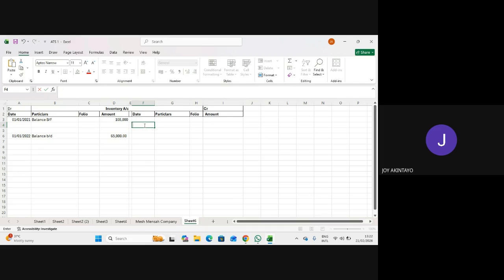This one will be at the end of the period, 31/12/2022, then balance carried down.